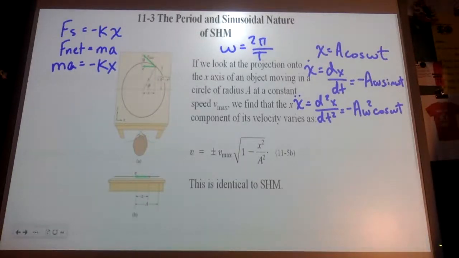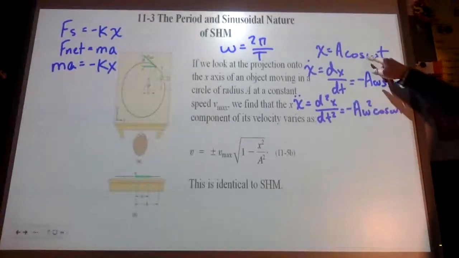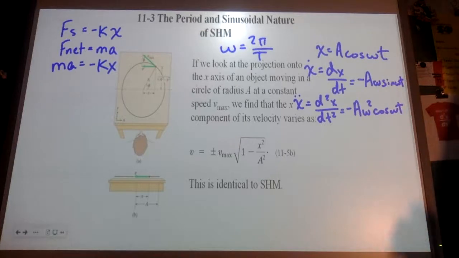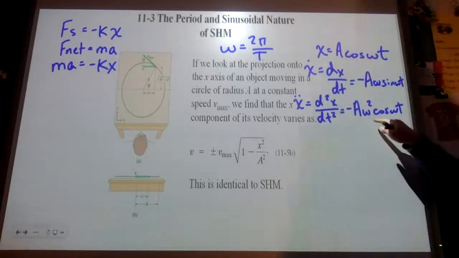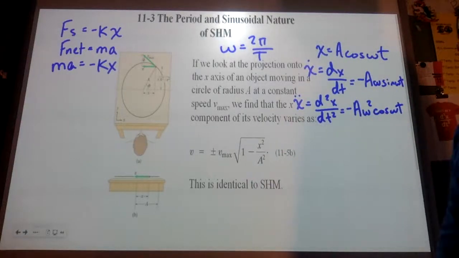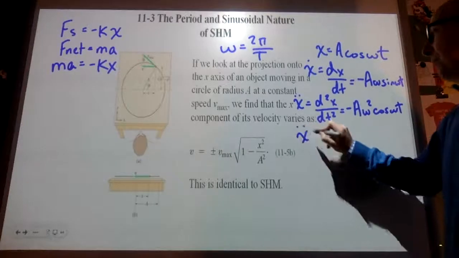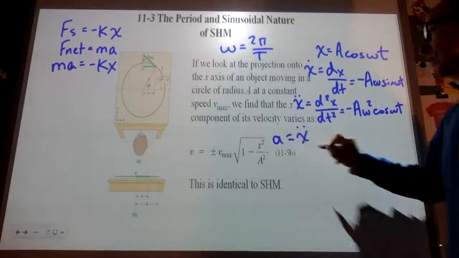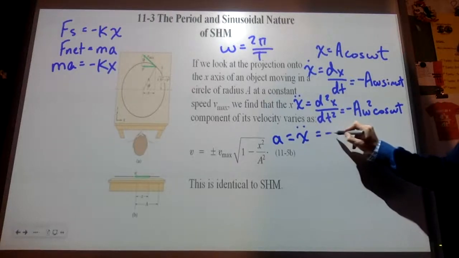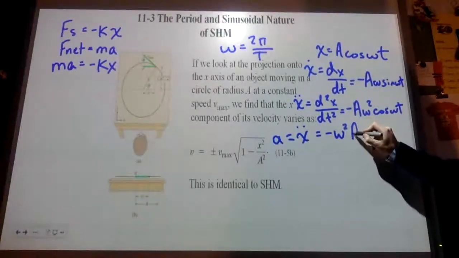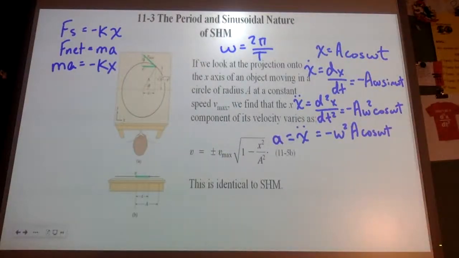All right, so now I'm going to plug in this for acceleration, and I'm going to plug in that for position. I'm going to move this around a little bit, and we know that we can multiply things in any order, so I'm going to write x double prime, which is our acceleration, as equal to minus omega squared A cosine omega t.